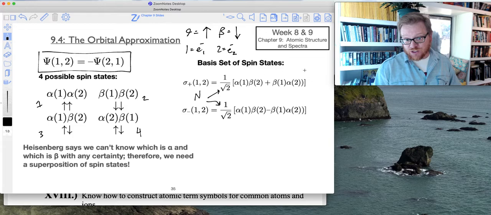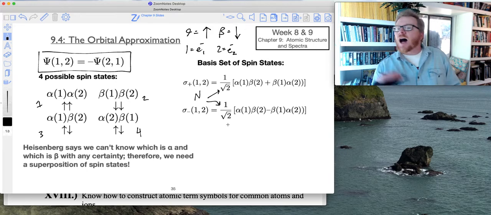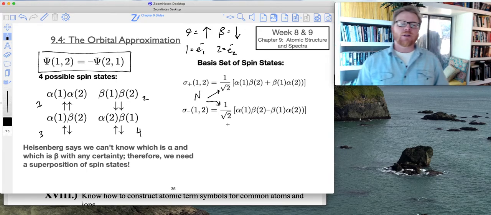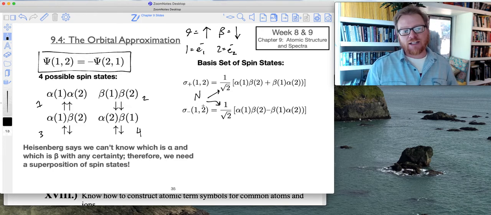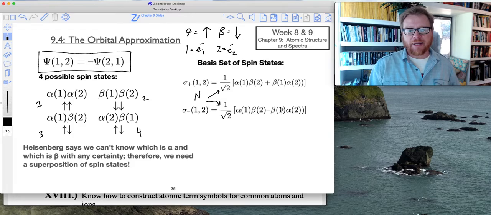So we basically switched the labels. Electron number 1 was alpha and electron number 2 was beta, now we switched that. Another superposition is possible by changing the signs, and that's sigma minus (1,2), and again, we get that by literally just changing the labels. So we have the sigma plus (1,2) state and the sigma minus (1,2) state.